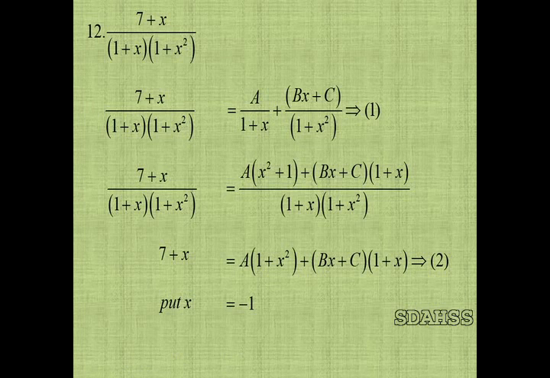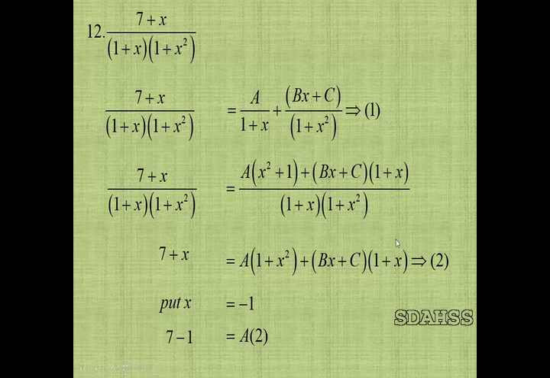For that you have to use the factors. Consider 1 plus x is equal to 0, which means x is equal to minus 1. Substitute x is equal to minus 1 in the second equation. So you have 7 minus 1 is equal to A into (1 plus 1), since minus 1 whole square means plus 1, so 2A.